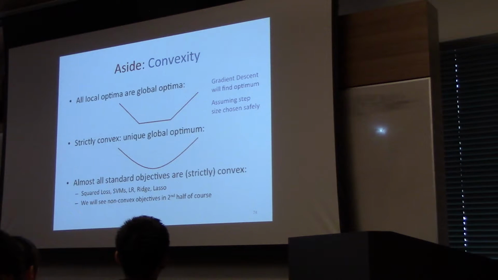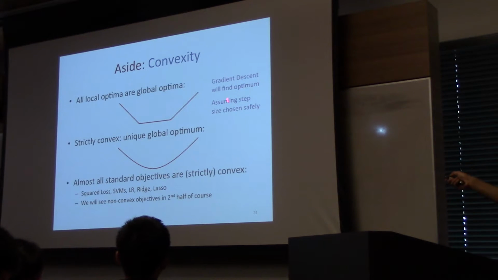When you have a convex function, so this is also a convex function, all local optima are global optima. Here we have a bunch of local optima, and all of them have equal value in the objective. If a function is strictly convex, there's a unique global optimum. Here there's an infinite range of global optima.